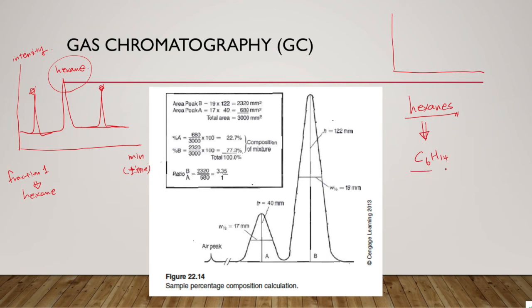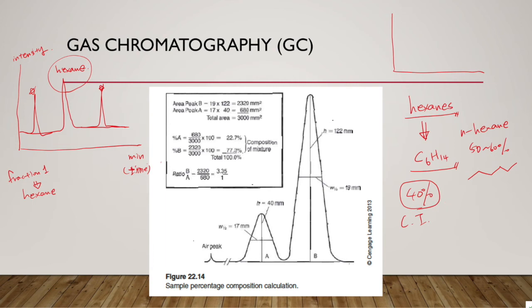Hexanes means we have about 50-60% n-hexane in this bottle, which is just the straight chain of hexane. But the rest, about 40% of the sample in the stock bottle, are constitutional isomers. And constitutional isomers are isomers that have the same molecular formula but different connectivity.